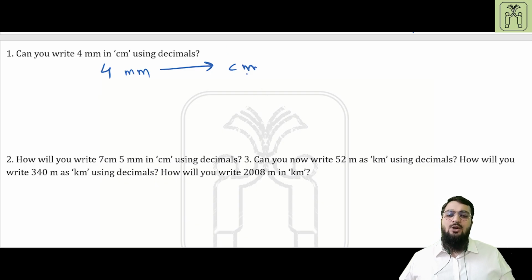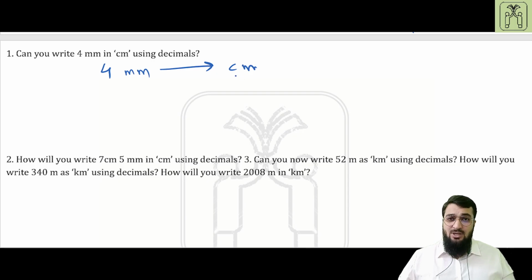Now you will have to see that the unit in which it is getting converted into, is it greater than or lesser than it? It is greater than that. Therefore, we will have to divide this particular 4. If it had been smaller than that, then we would have multiplied. I'll give you another example after solving this question. As of now, 4 millimeter will be converted into something something centimeter.